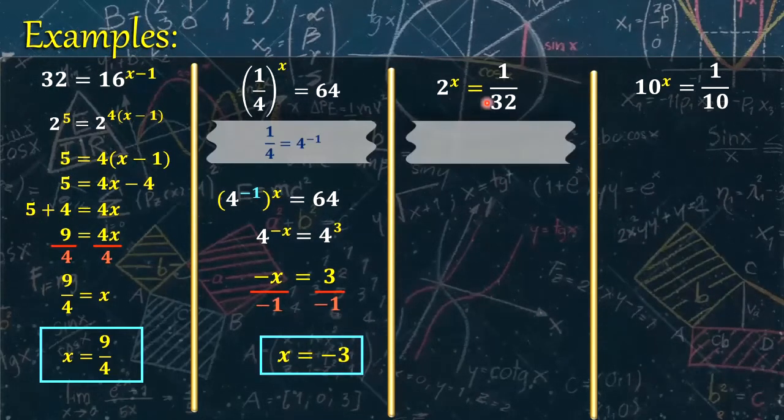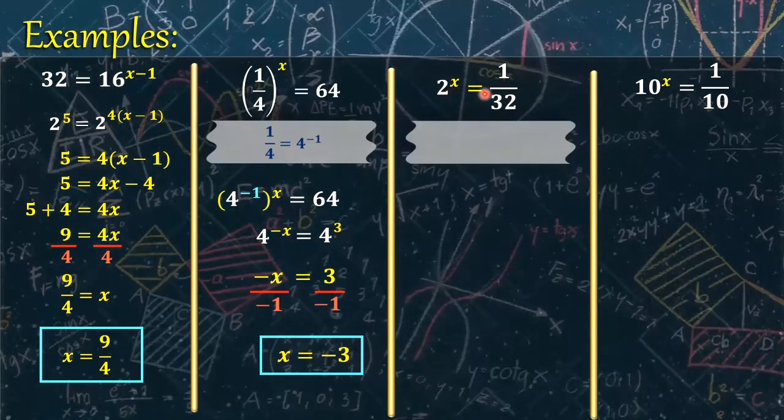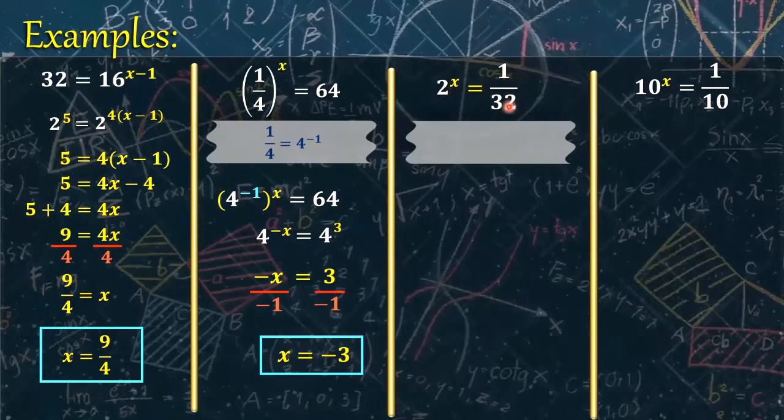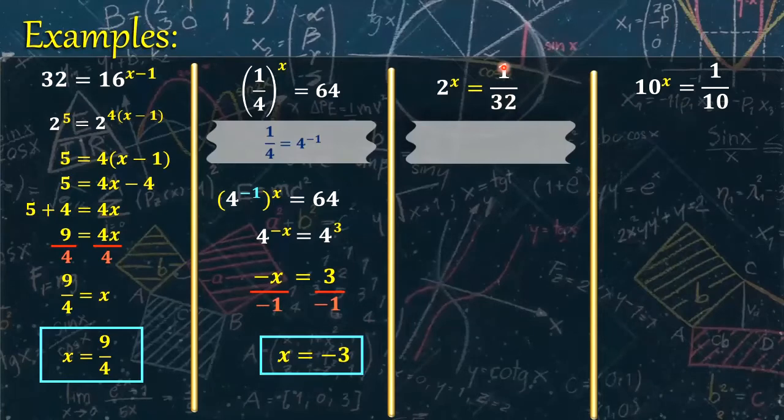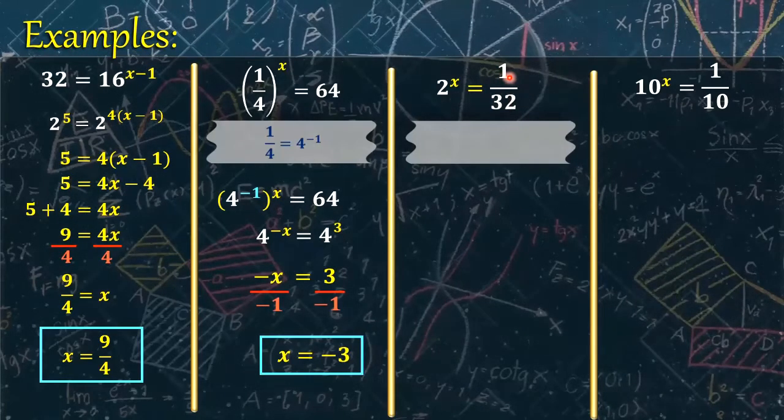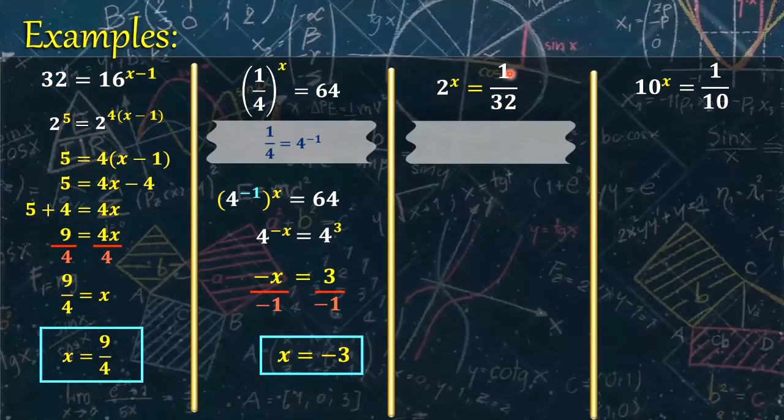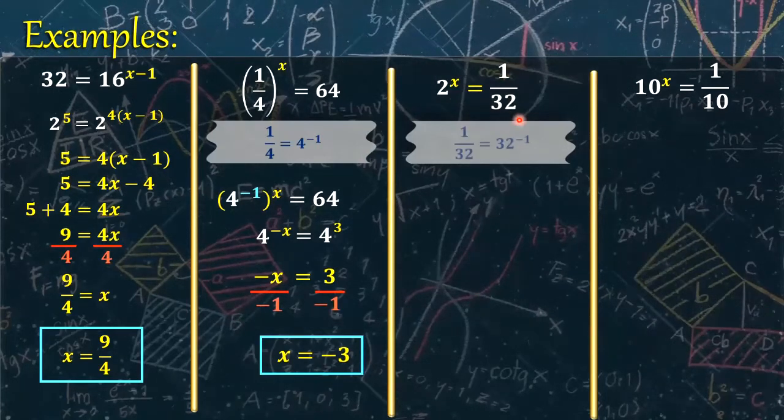Second to the last example, under solving exponential equation, we have 2 raised to the power of x equals 1 over 32. So again, we have here a fraction form. So we need to change this one into exponential form. So the exponential form of 1 over 32 is 32 raised to the power of negative 1.